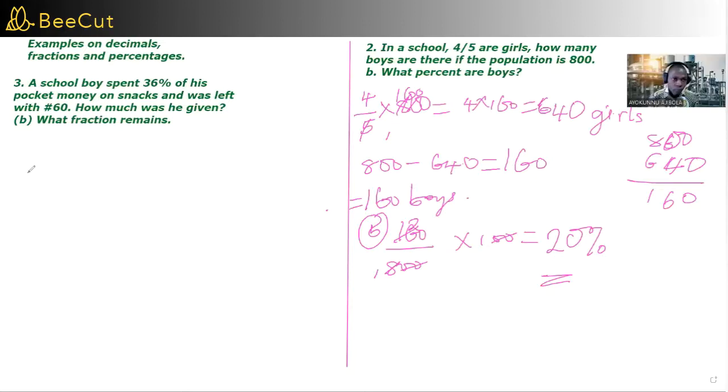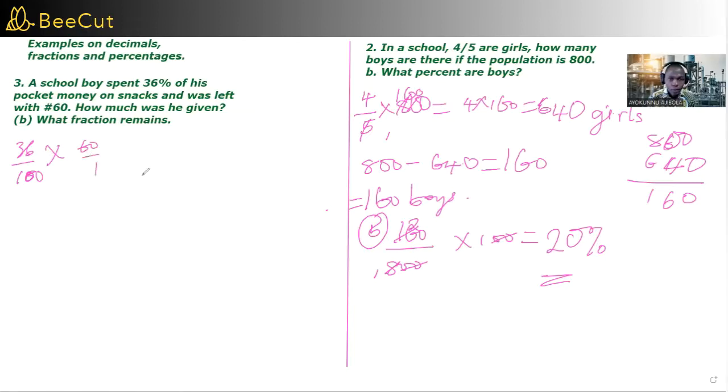36 over 100. What are we looking for? How much he was given? Okay, 36 over 100, yes. Times what? 60 over 1.